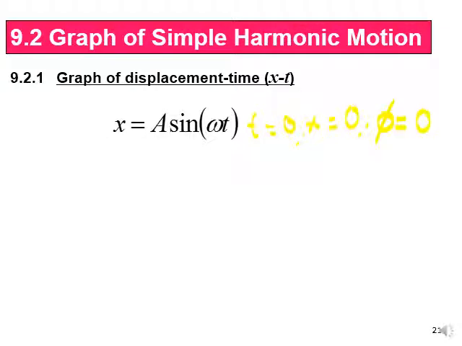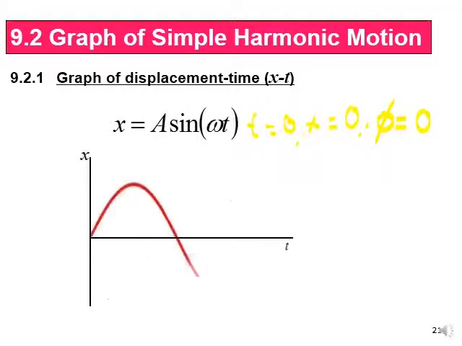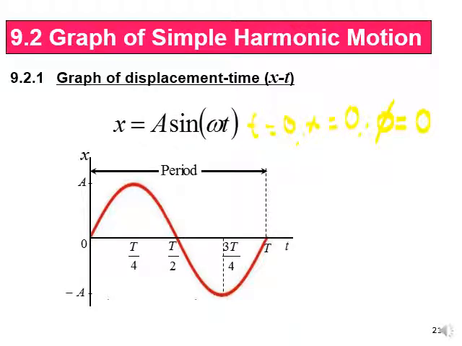So, the shape of the graph for displacement x is a positive sine graph. From the graph, one complete cycle on the x-axis represents the period T, while the maximum displacement on the y-axis, or peak of the graph, represents the value of the amplitude.